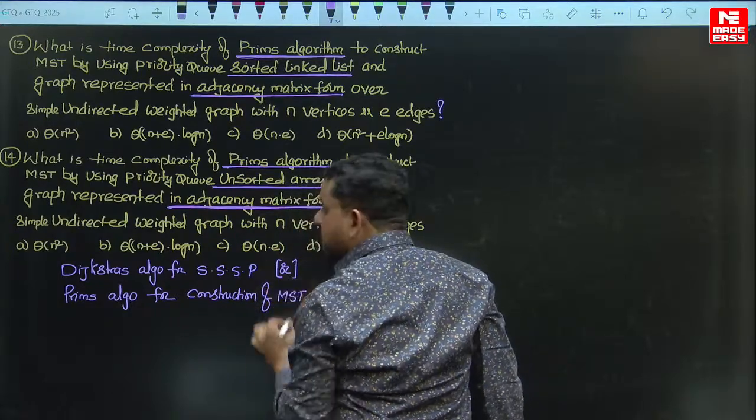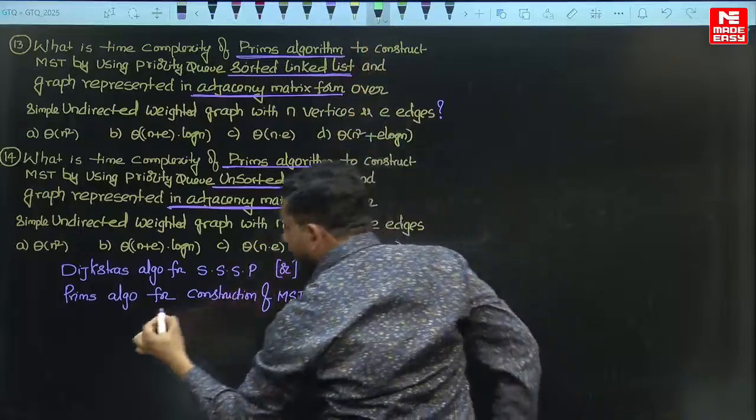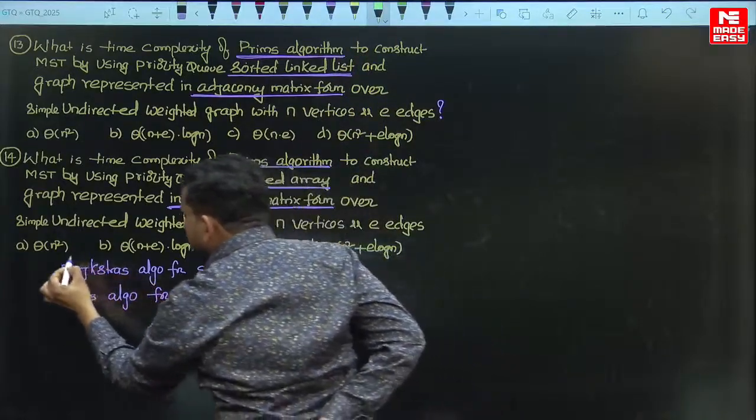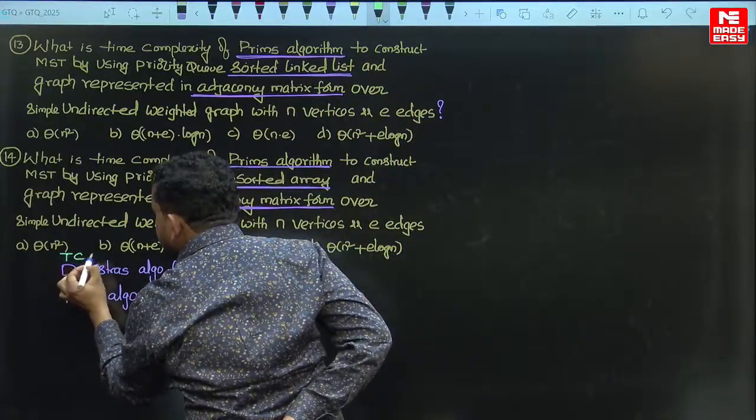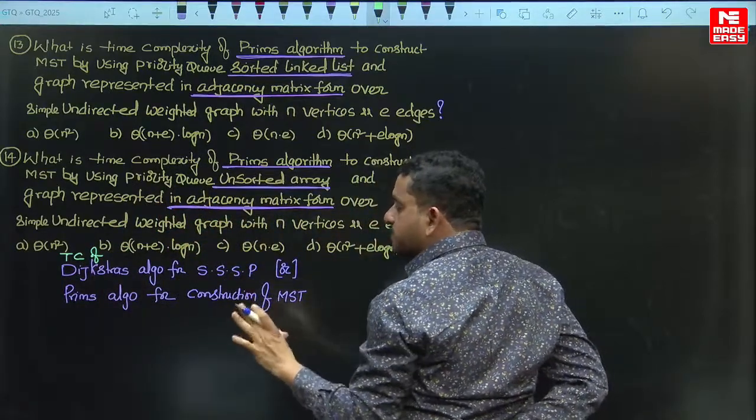Both these algorithms follow the same procedure for time complexity operations. So the time complexity of Dijkstra's algorithm as well as Prim's algorithm.